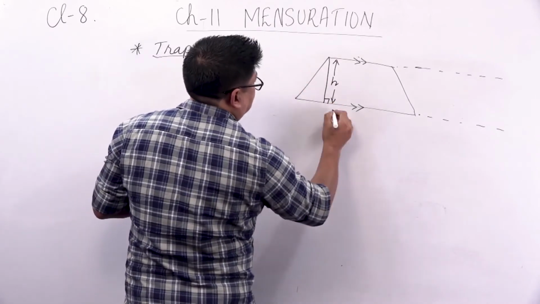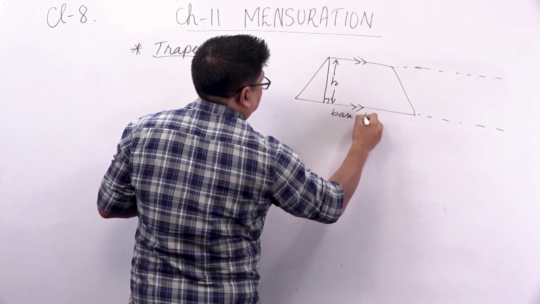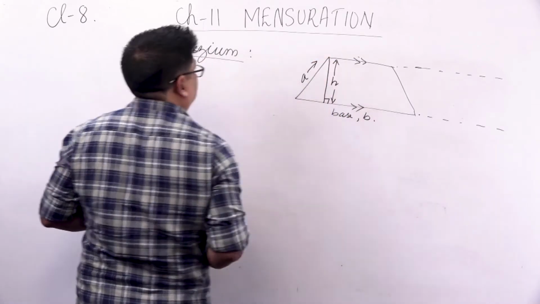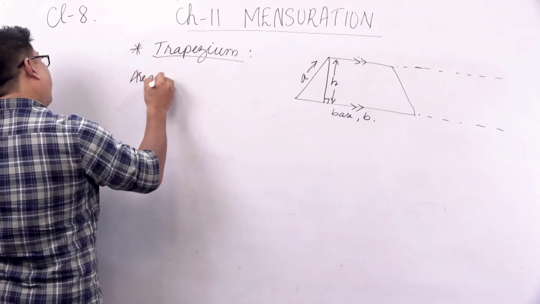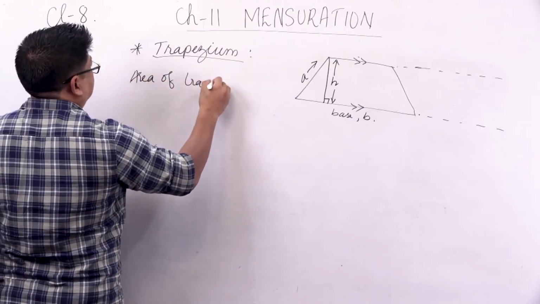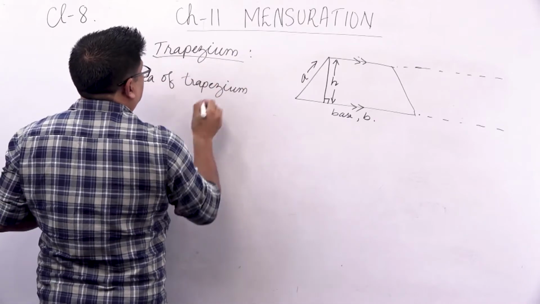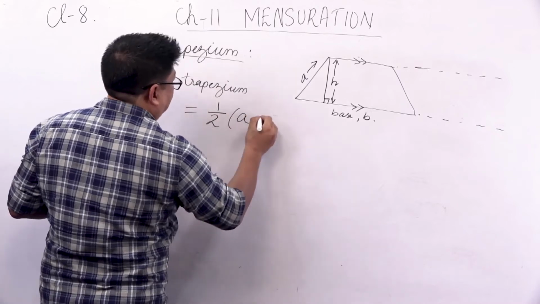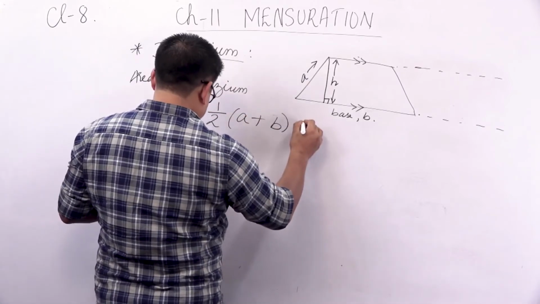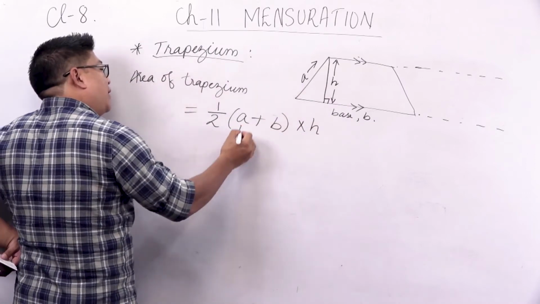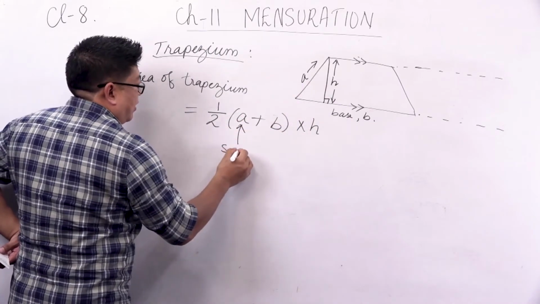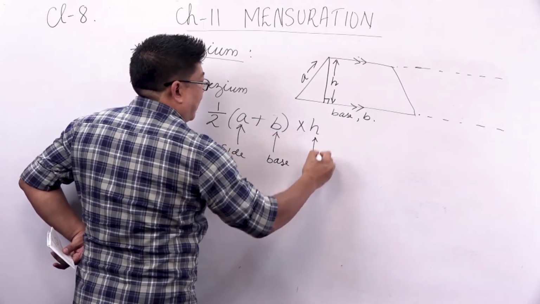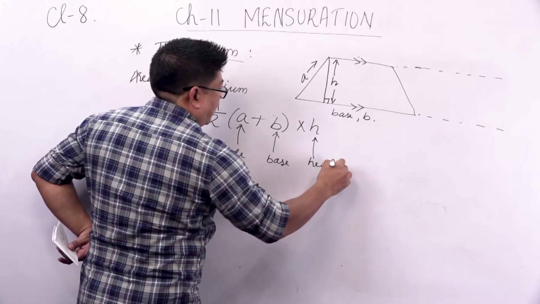And let's say that this is your base, or B, and let this be your side A. So area of trapezium is equal to half of A plus B into H. Now if you look here, A is your side, B is your base, and H is your height.